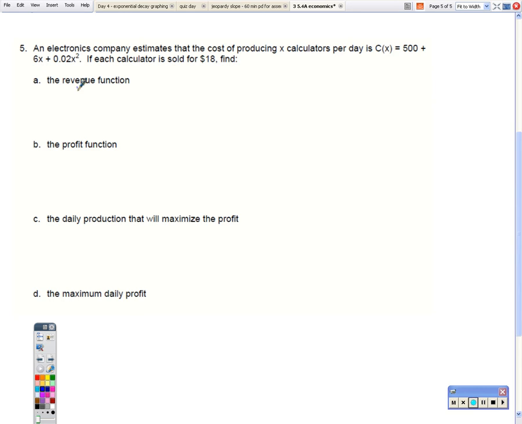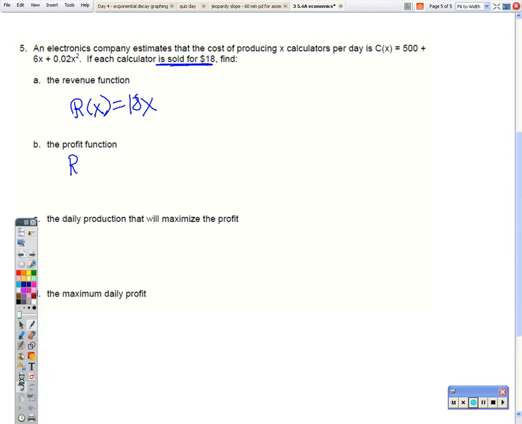Okay, for the revenue, we're going to make $18 per item. So our profit is revenue minus cost.